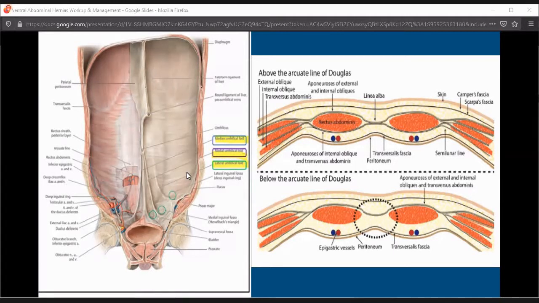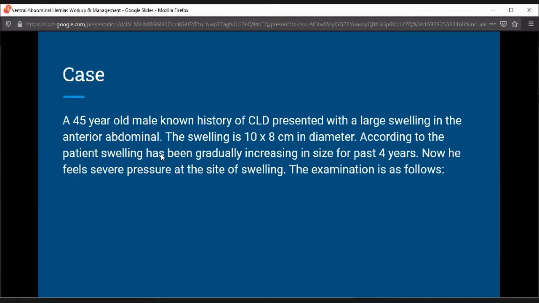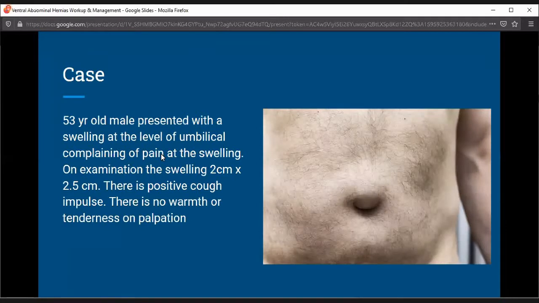Fine. We just have anterior rectus sheath, and posteriorly there is the peritoneum. It's very important that you guys know the anatomy, because we'll see what happens in these patients. Fine. Sorry. So we'll discuss the first case.